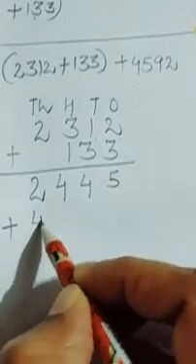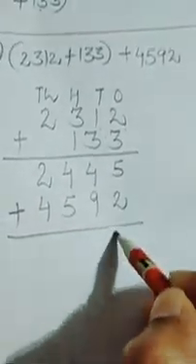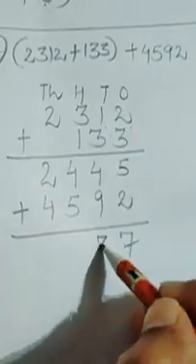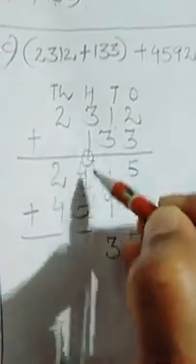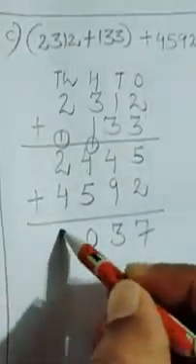The next is 4592. This also we will add. Then what will we get? 5 and 2, 7, 9 and 4, 13, 1 carry, 4 and 1, 5 and 5, 10, 1 carry, 2 and 1, 3 and 4, 7.